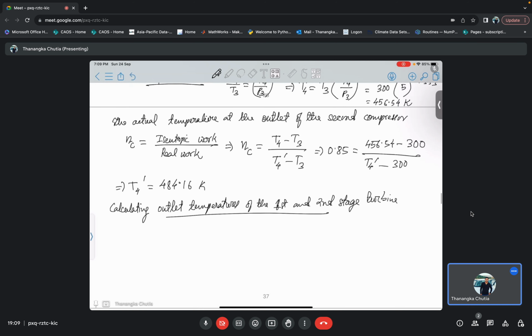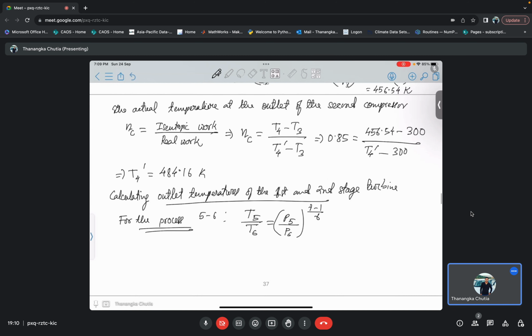For the process 5 to 6, T5 divided by T6 is equal to P5 divided by P6 to the power gamma minus 1 divided by gamma.